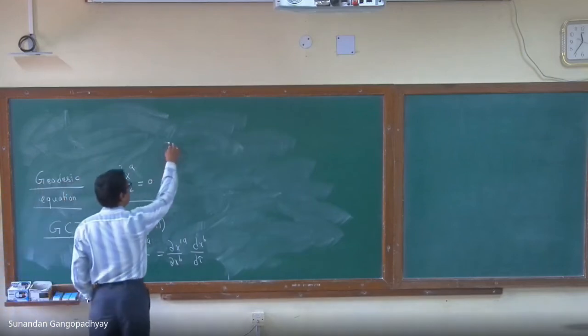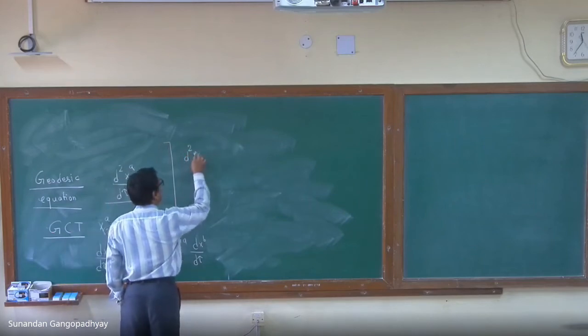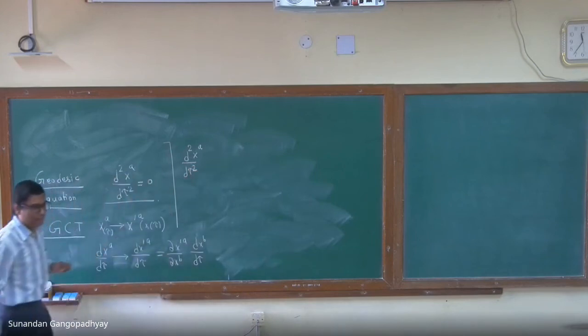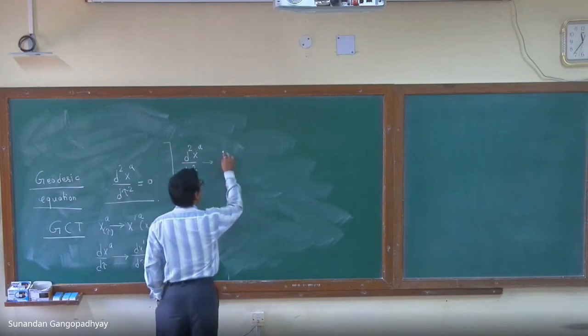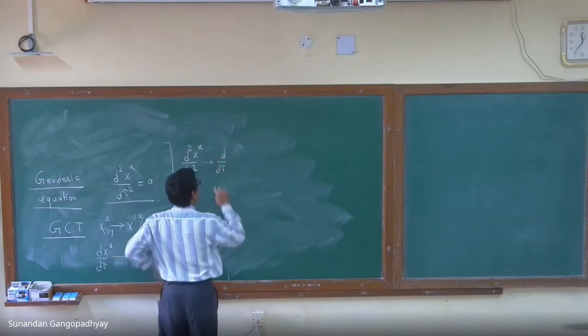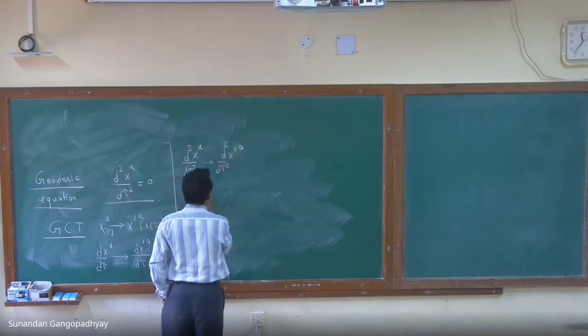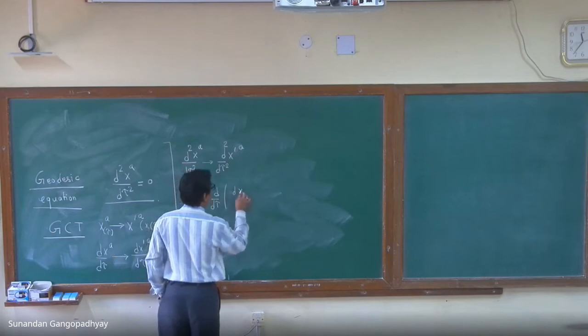So how will this transform? This is basically the equation. Let us see how it transforms. So this is basically d/d tau, this is d/d tau of dx prime.